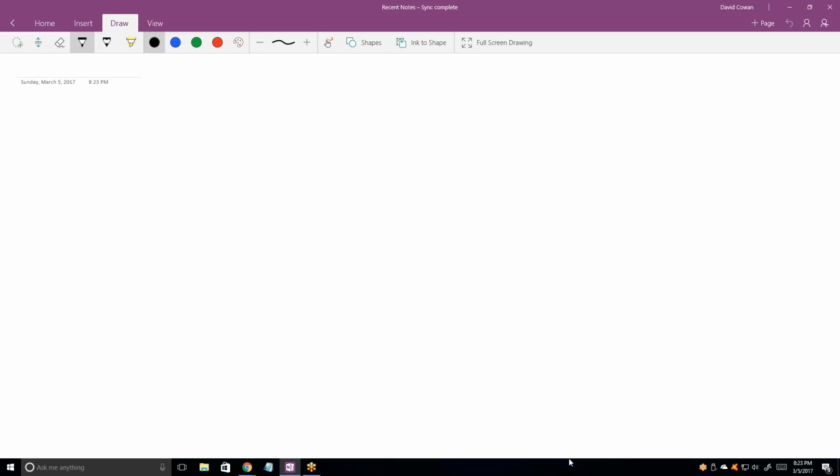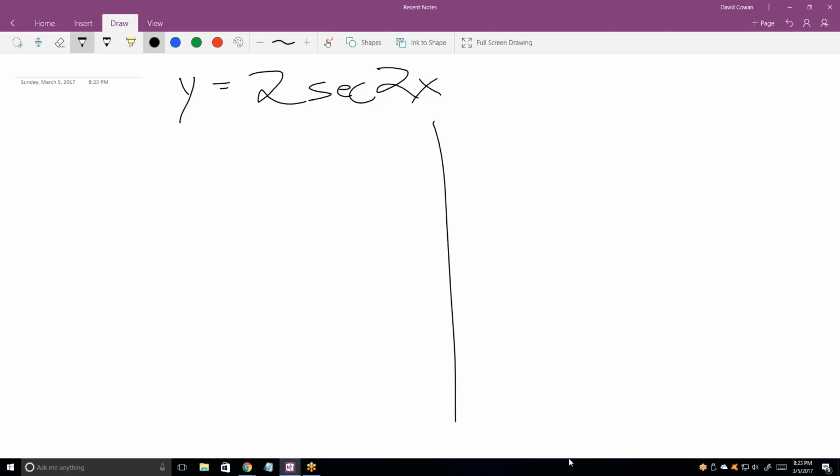Y equals 2 times secant of 2x. There's no phase shift here, so I will graph the parent function. Now, the parent function is y equals secant of x. So it's going to sit on the tops and bottoms of cosine.